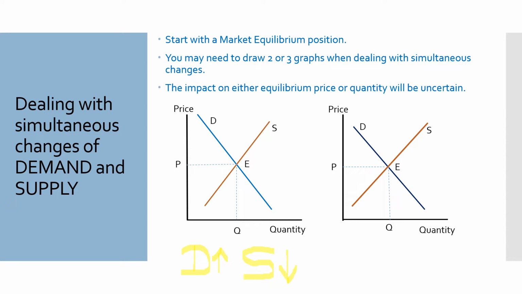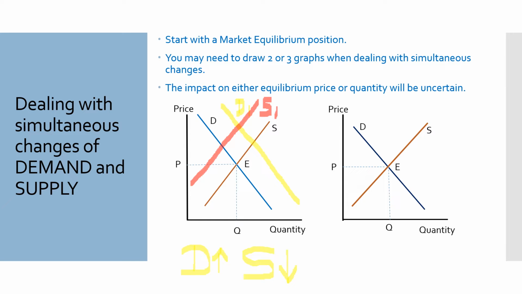An increase in demand means that I'm going to shift my demand curve to the right. So there I go, and I shift my demand curve to the right. But that's not yet my new equilibrium position, because I've got a simultaneous change. So let's change our color quickly, and let's take a red. Supply is decreasing, so I'm going to have to shift my supply curve to the left. So there goes my supply curve to the left.